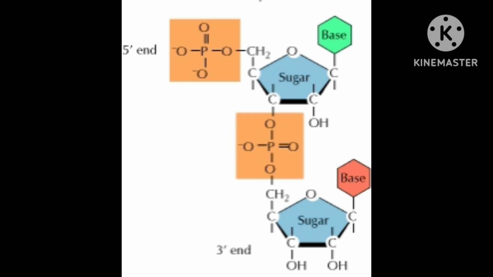What will be that structure? Secondary structure, that is actually the double strand helix structure. Same way as what I discussed for the protein secondary structure, here it is called the double strand helix structure.